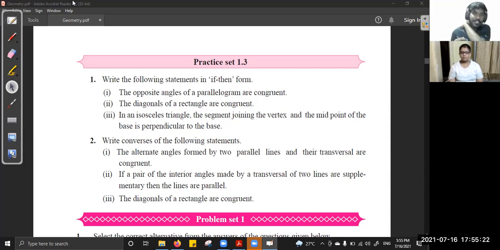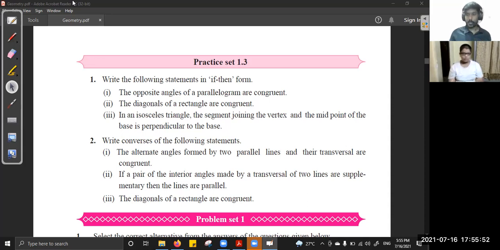So we'll say it like this. If a quadrilateral is a parallelogram, then the opposite angles are congruent.